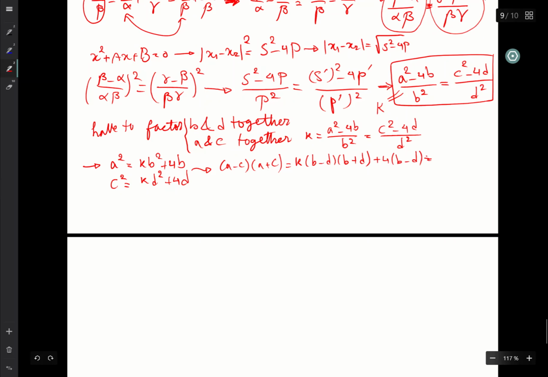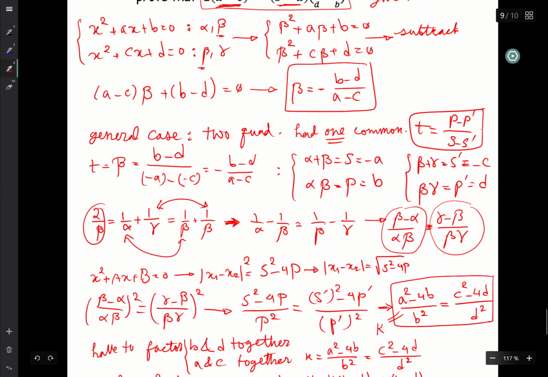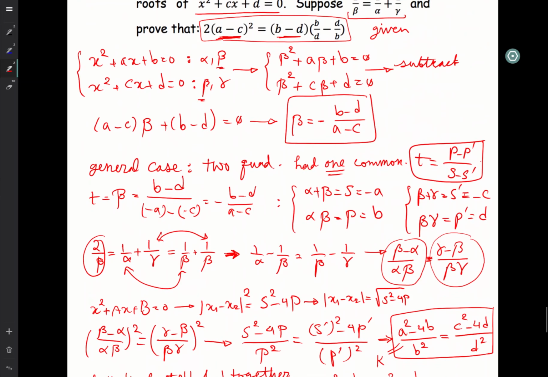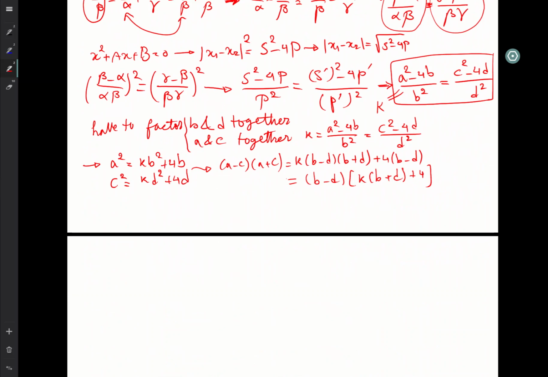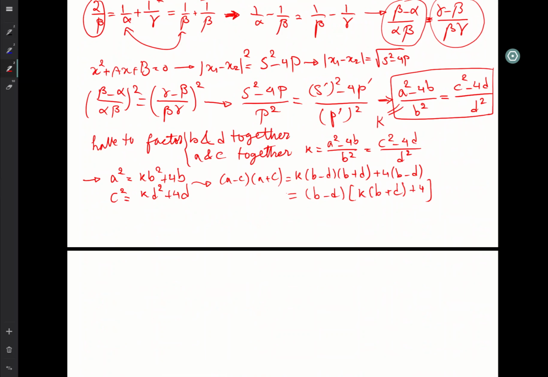So I can factor out b minus d, and I end up with b minus d times k b plus d plus 4, right? Okay, let's see. 2a minus c squared.